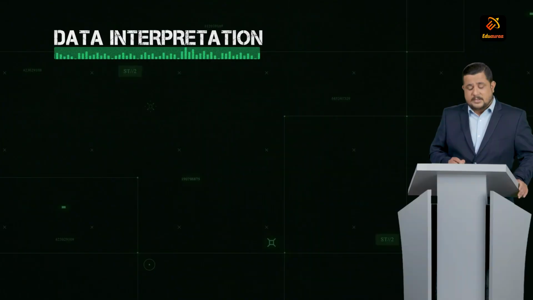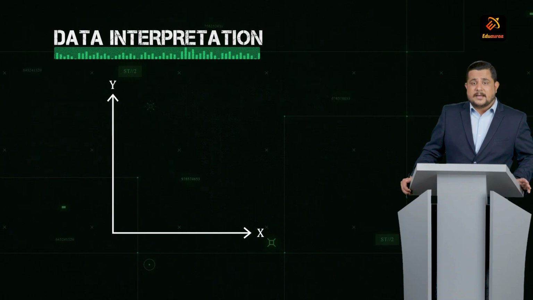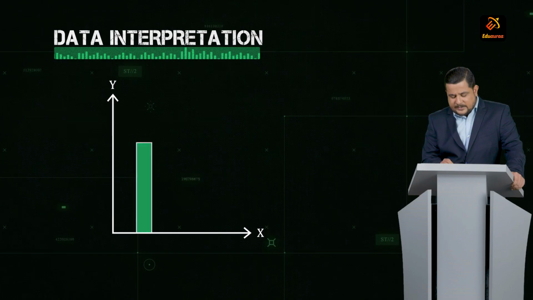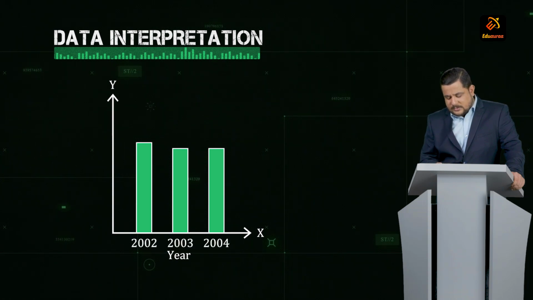So what you have to do is just analyze. This is the y-axis and this is the x-axis. Now, some bars are given like this. And in the horizontal axis, the years are also mentioned: 2002, 2003, 2004.